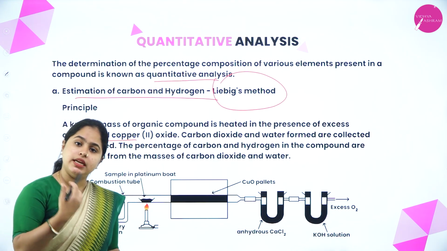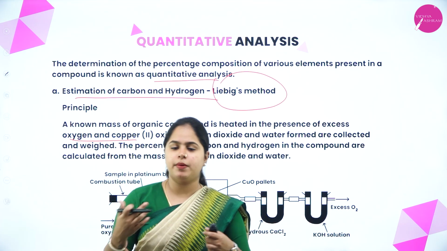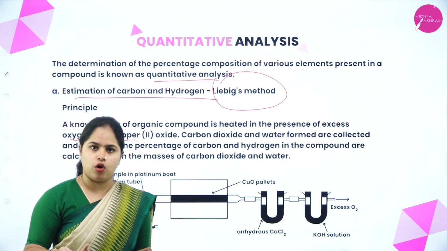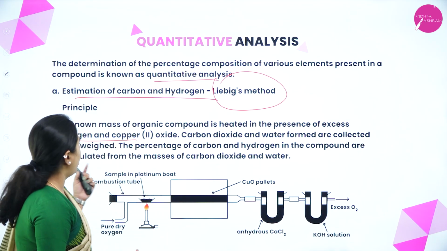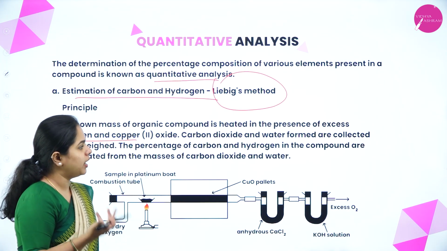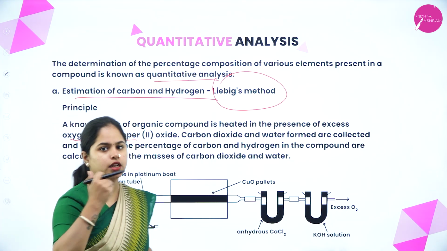And carbon dioxide and water will be formed, right? When the organic compound containing carbon and hydrogen is reacted with copper oxide, it forms carbon dioxide and water, right? Yes, and they are further collected and weighed, and then the percentage of carbon and hydrogen in the compound are calculated from masses of the carbon dioxide and water formed.